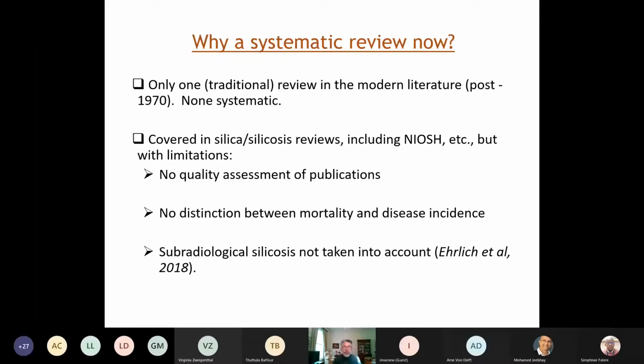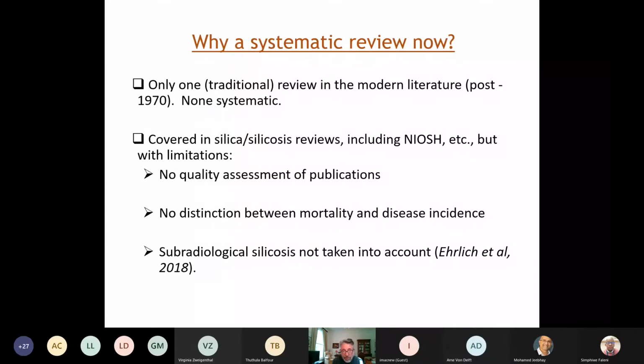So why a systematic review now? Well, in fact, since 1970, there's actually been only one non-systematic review of the association between silicosis and tuberculosis, and that was from Brazil. However, there have been a number of reviews of silica and silicosis as an occupational hazard, including authoritative reviews by the National Institute for Occupational Safety and Health in the US, and a number of other authoritative occupational groups. The TB section is always thin.